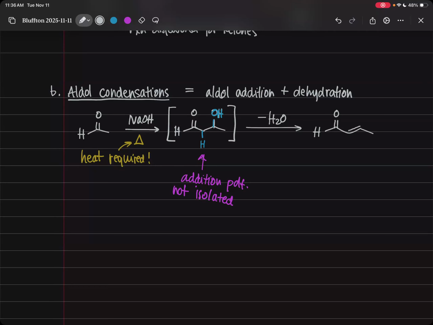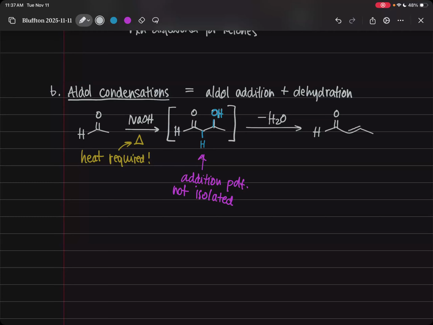So compared to the aldol addition product, do you think the aldol condensation product is more stable or less stable? Less? Any dissenters?